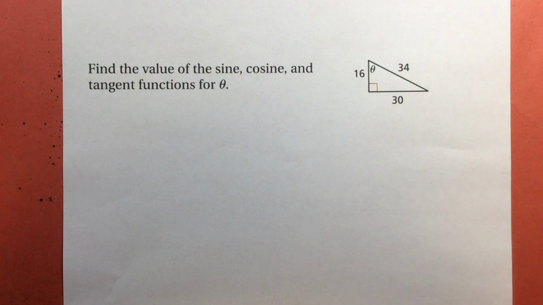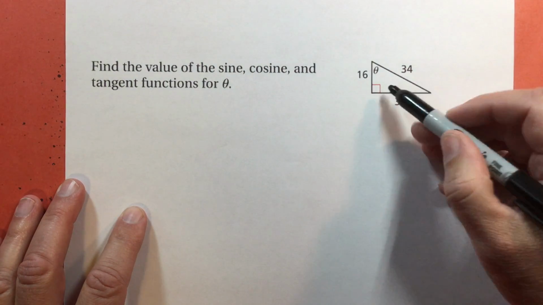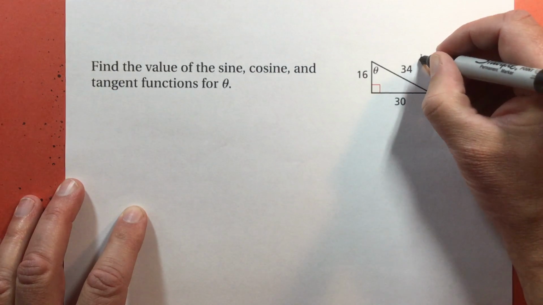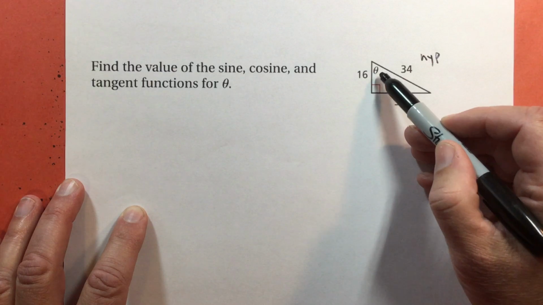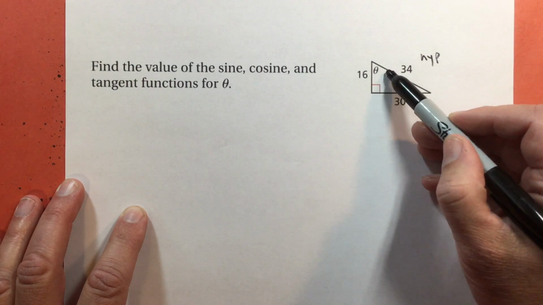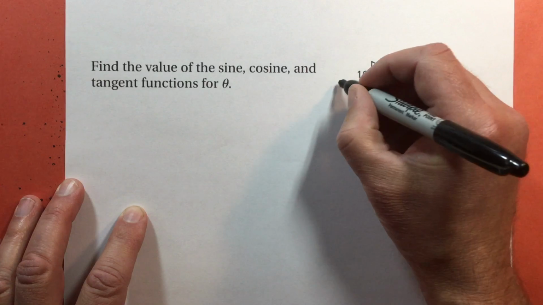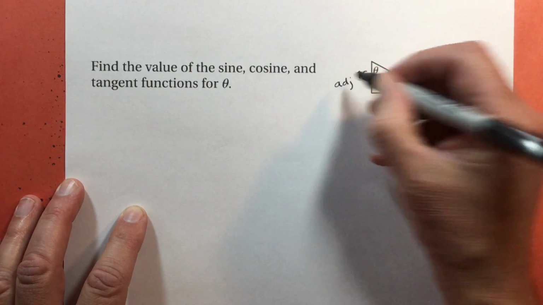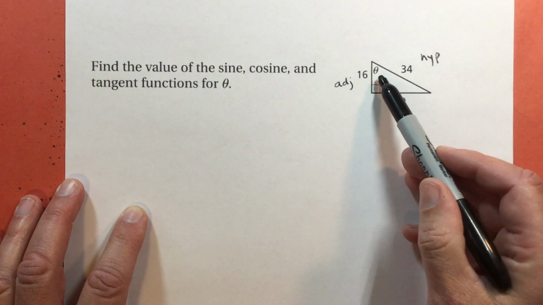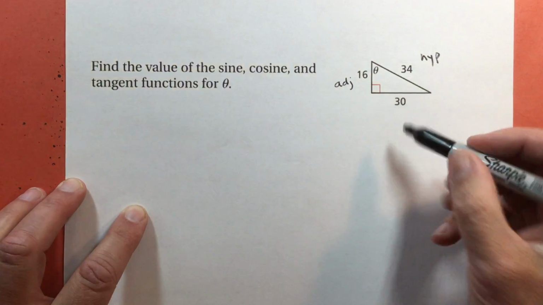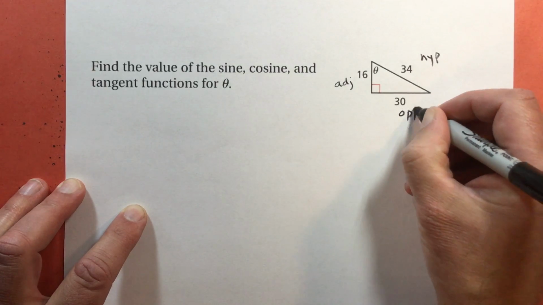What you have to do is figure out which side is opposite and which side is adjacent relative to angle theta. So what do we know? In my triangle, this longest side is always going to be the hypotenuse. Here's angle theta. The sides that make up angle theta are going to be the hypotenuse and the adjacent side. And opposite of angle theta, the side that does not make up angle theta, where I have to walk across the triangle to get to it, is going to be the opposite.